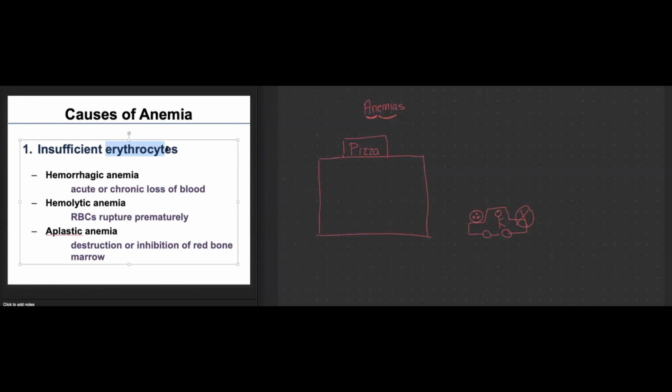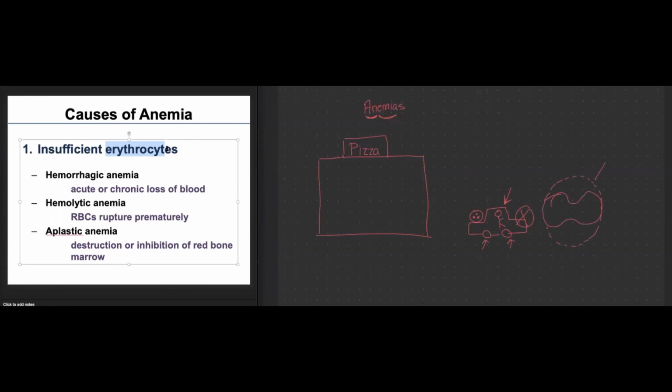It might be due to destruction of those cars. So those cars are gonna be broken down because they have a problem in their tires, for example. So the same concept on here, if I am forming abnormal red blood cells, for example, I have spherocytes rather than those biconcave discs.